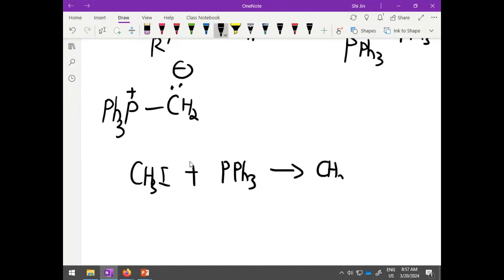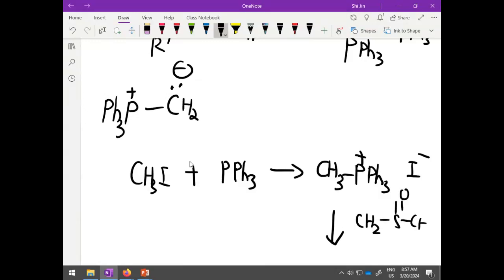Then this will give you CH3PPh3 plus iodide. Then you can treat this one with the conjugate base of DMSO.